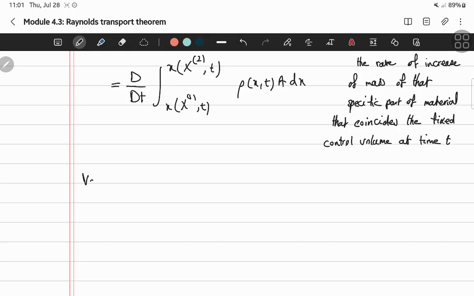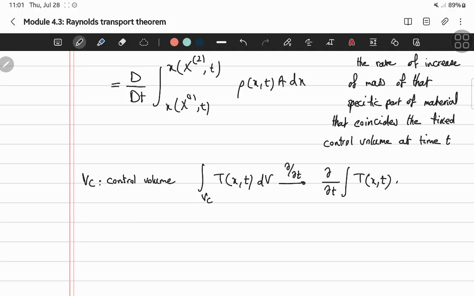So basically, if we have Vc as the control volume, and instead of rho I write T of x and t, dV, over Vc, and I apply this partial derivative operator, then it's the partial derivative of the integral of T of x and t, dV over Vc.